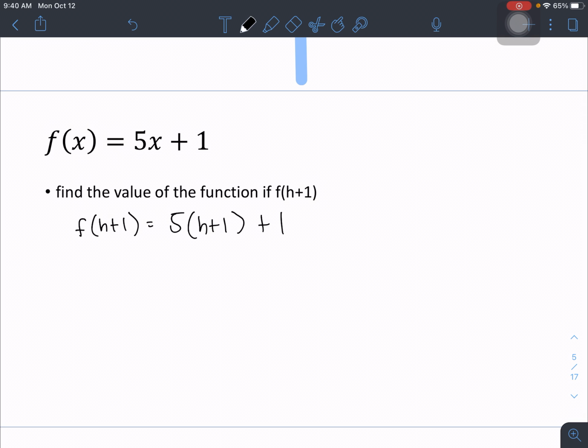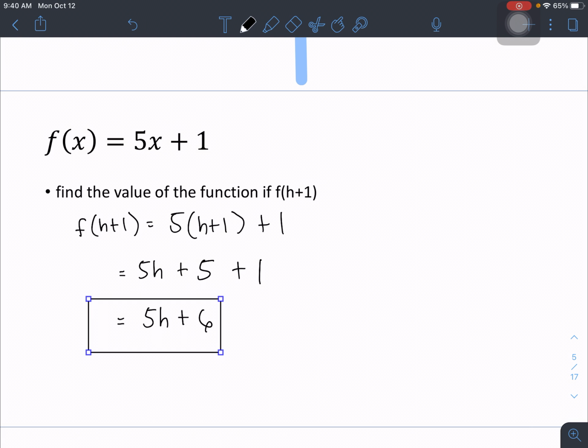We need to distribute this 5 to both the h and the 1. So 5 times h will be 5h, plus 5 times 1 will be 5. So plus 1. So this will be 5h plus 6. So this is our answer. Next one.